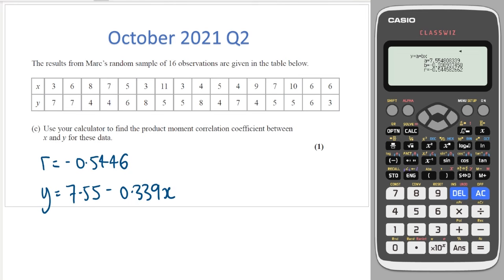And then if I was given a coordinate or an x value, let's say of 12, then I might be able to work out the corresponding y by subbing into the regression line.